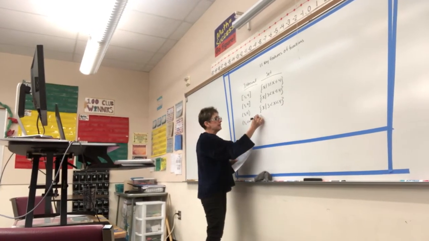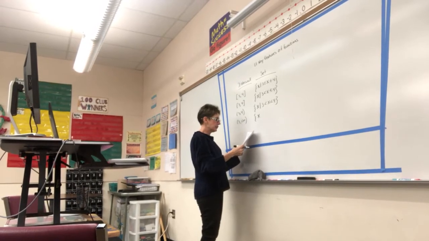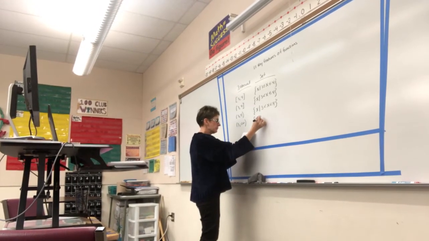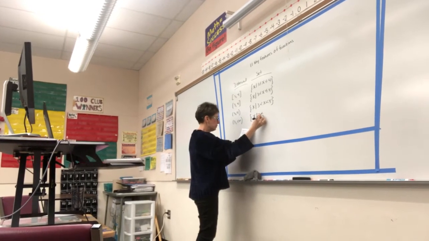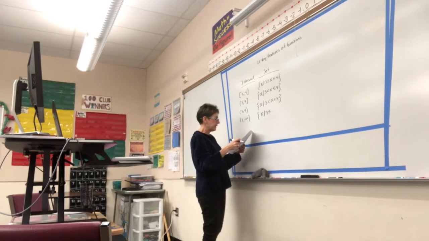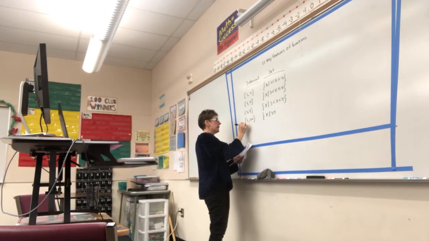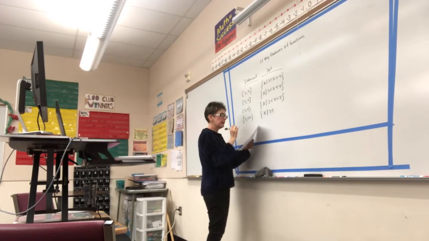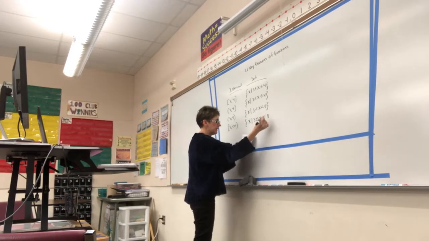The way we would write this in set builder notation is all x such that 3 is less than or equal to x is less than infinity. If we're doing greater than or equal to 3, we should have a square bracket there.